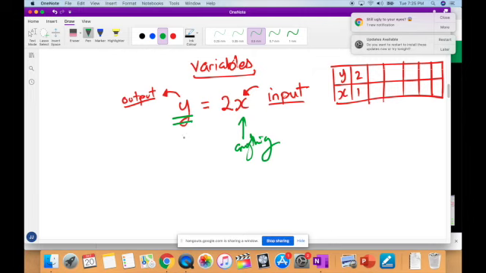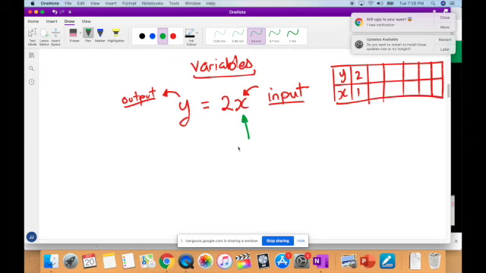Y is dependent on X. Y is dependent on what X is. You have to know what X is before you could find Y. So Y is dependent and X is free to be anything.